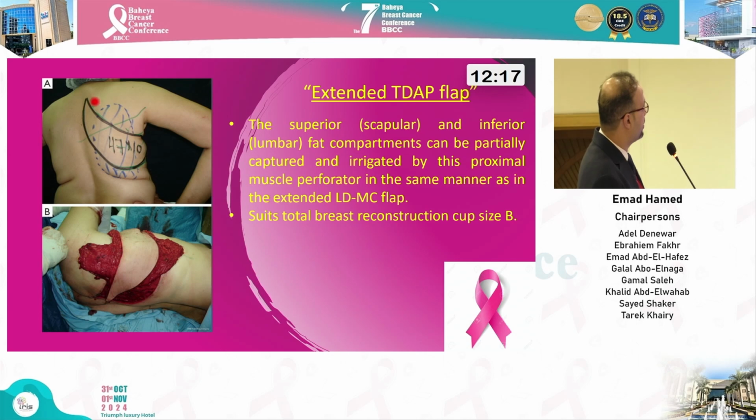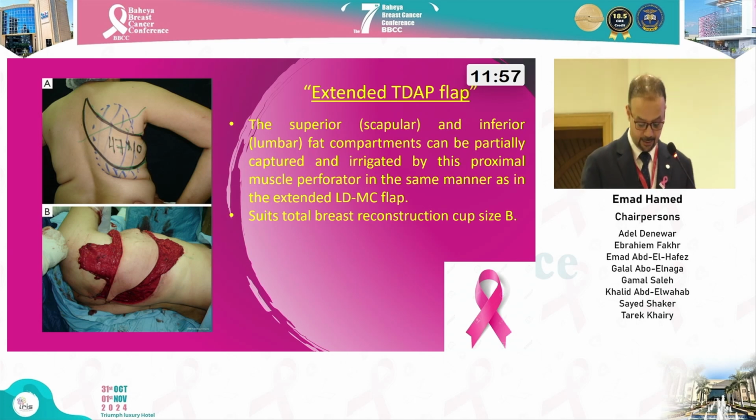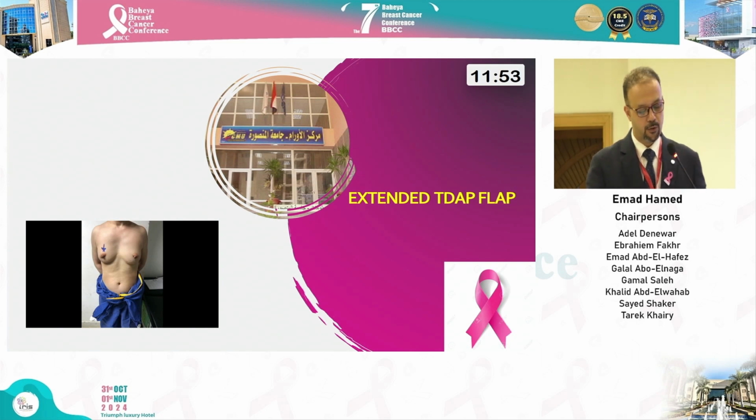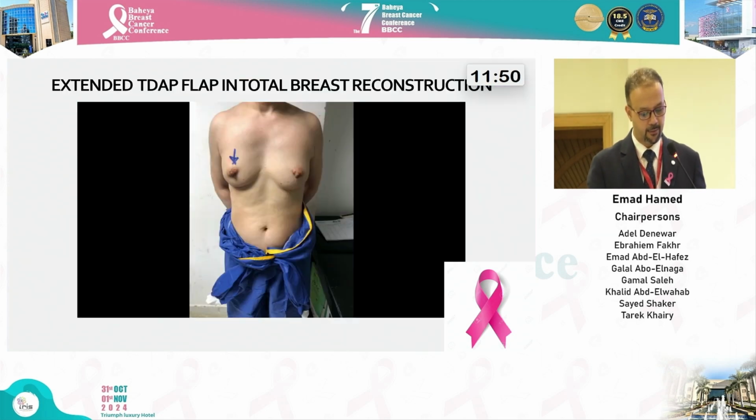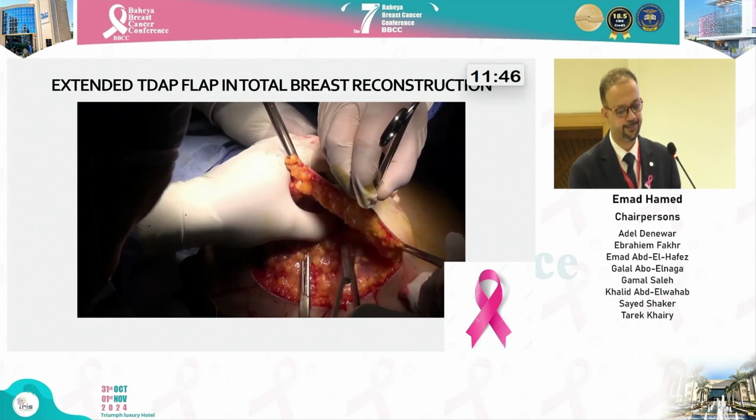But he extends the harvest in the upper part to include the parascapular fat and the lower part to include the lumbar fat. And you do a skin bench test, you can reach 47 centimeters in length, and the width is up to 10 centimeters. So this video will summarize the story.